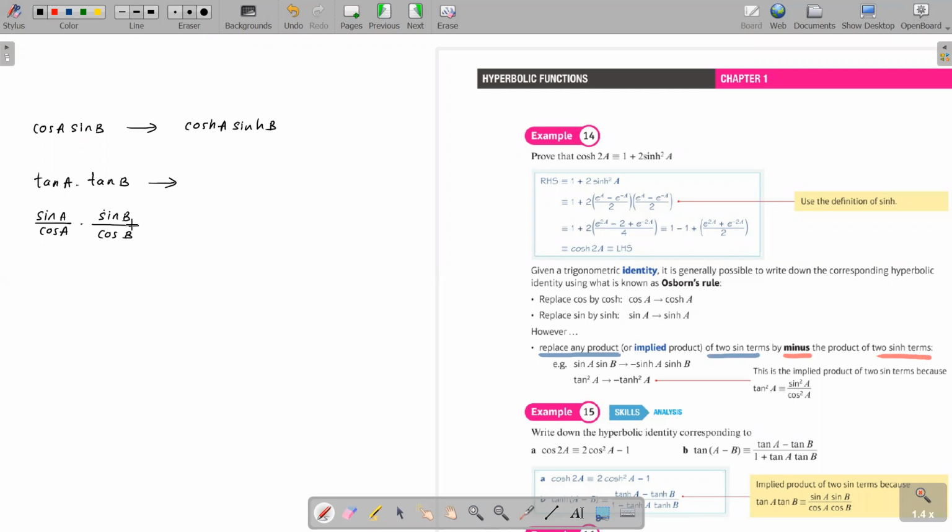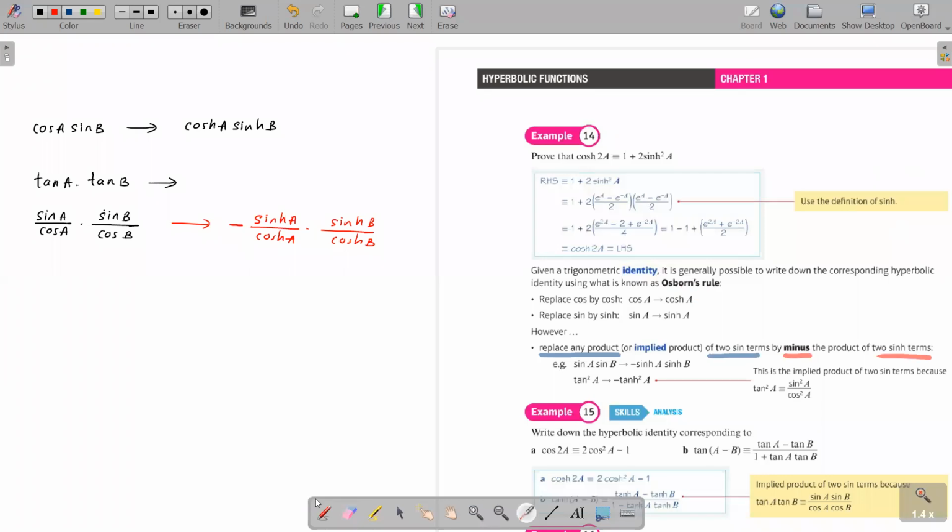So guys, over here, do you see something? You can see here inside the tan, you have the sine function, right? And when you take the product of tan A tan B, you're actually taking a product of two sine terms, isn't it? You're taking the product of two sine terms, which means that when you convert, it's going to be sin A over cos A, this is going to be sin B over cos B. But guys, you have a product of two sine terms, which means that you're generating a negative sign by Osborn's rule.